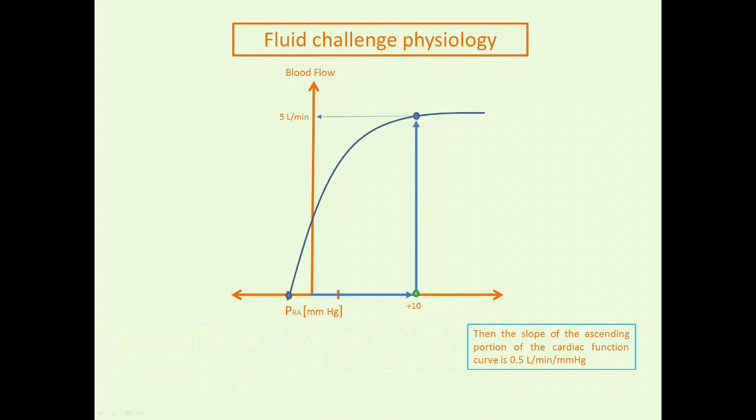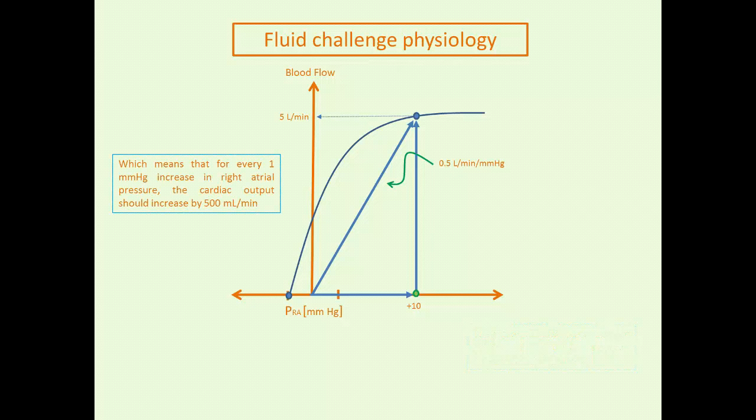And so you can then calculate the slope of that triangle. And that slope is 0.5 liters per minute per millimeter of mercury. So that means for every 1 millimeter of mercury increase, you should have roughly 500 cc's per minute increase in cardiac output in the quote-unquote normal perfect patient.